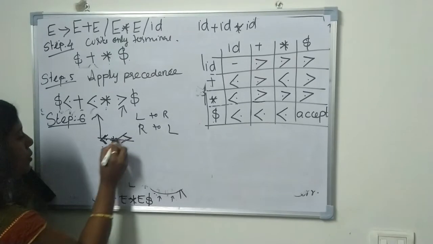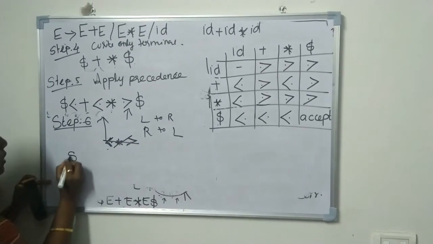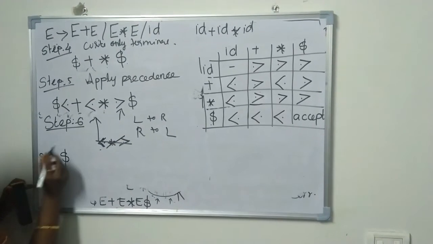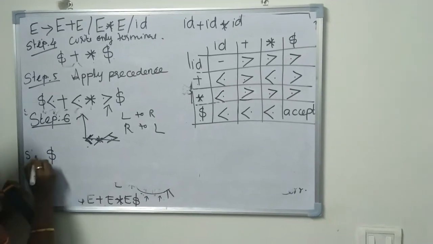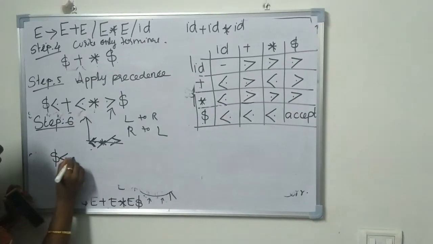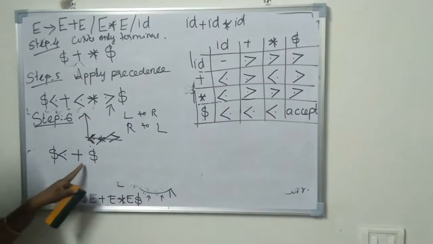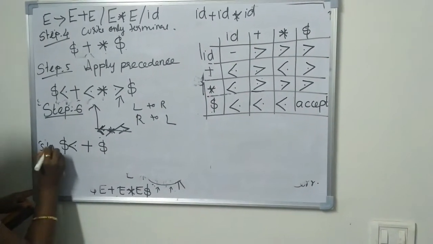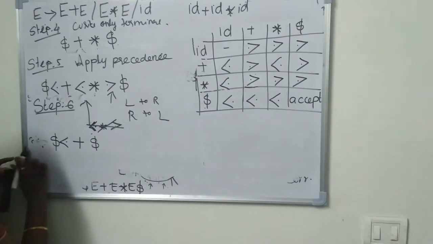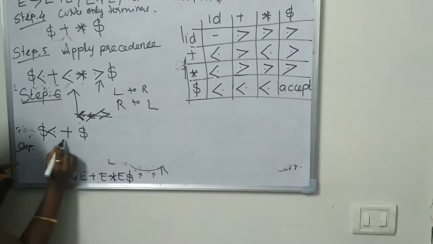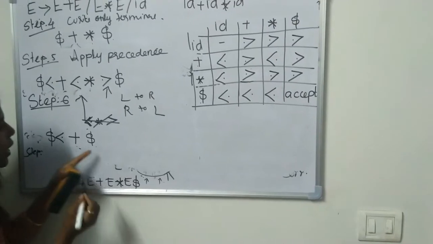Now we are going to remove this. So dollar. So next step we'll be writing dollar, less than, plus. So we removed this and now it is like this. Next step, we are going to find precedence for this plus and dollar.